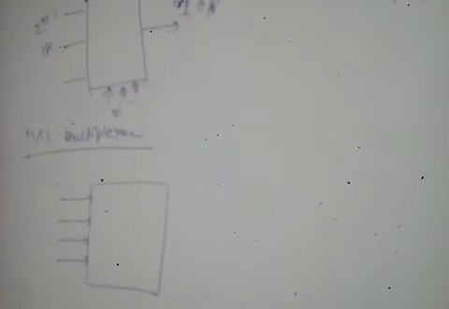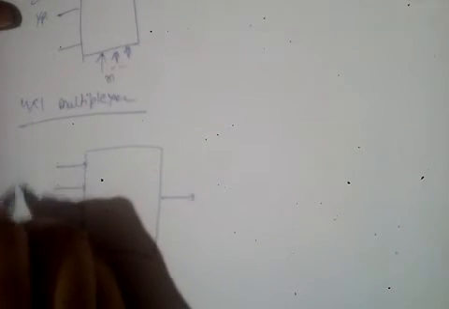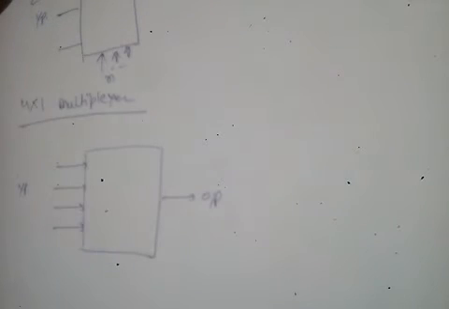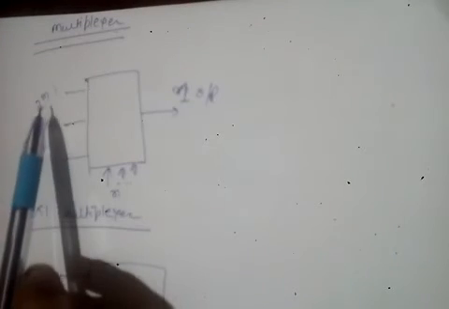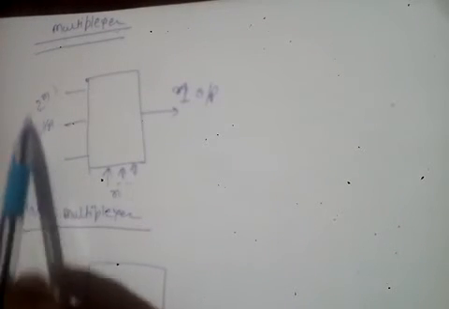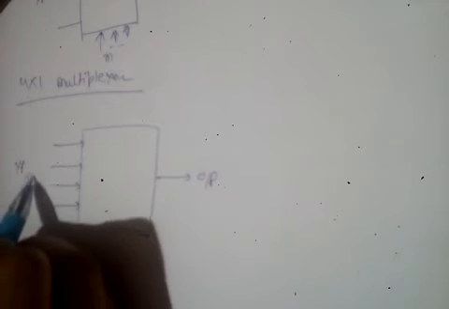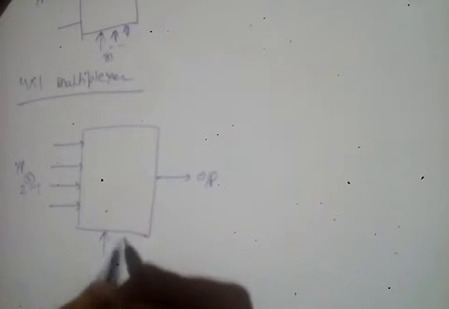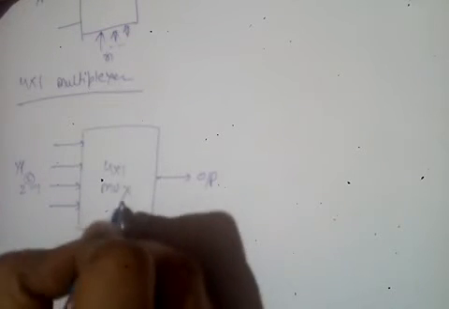And earlier I have said, 2 raised to the power n inputs and 1 output, and selection lines will be n. So here inputs are 4, so it is 2 raised to the power 2, that is equal to 4. So selection lines will be 2. So we have 2 selection lines here. This is 4 by 1 multiplexer.